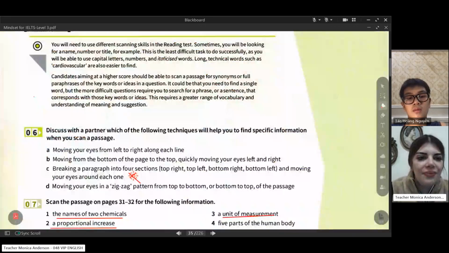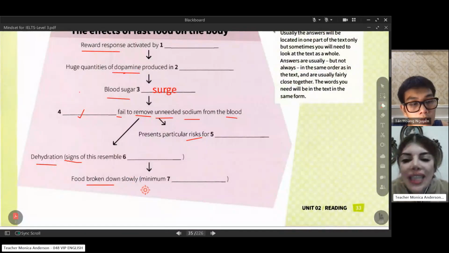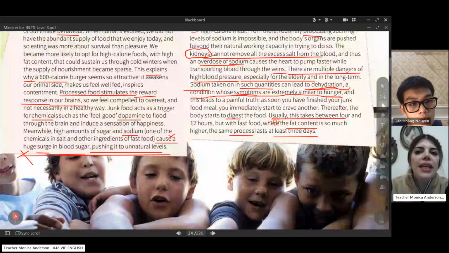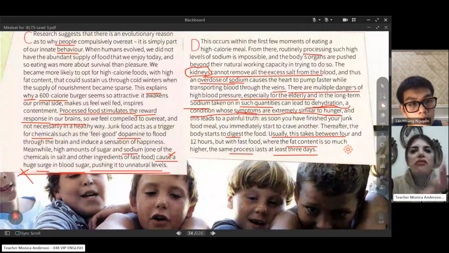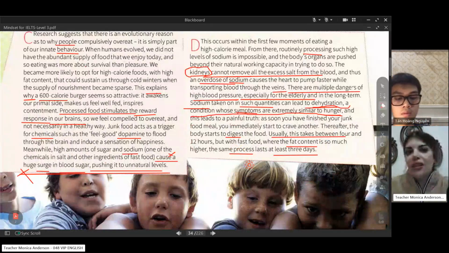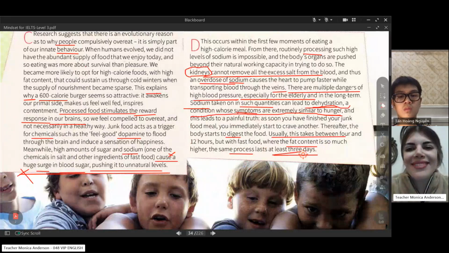And now, again, food broken down slowly for fast food. When we say normally it takes between 4 and 12 hours, but with fast food this process lasts more than this time, so we say slower. 3 days.